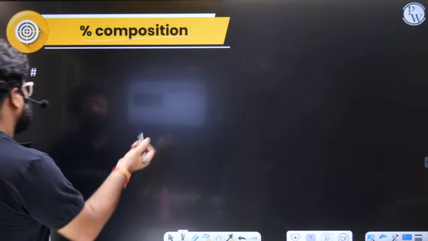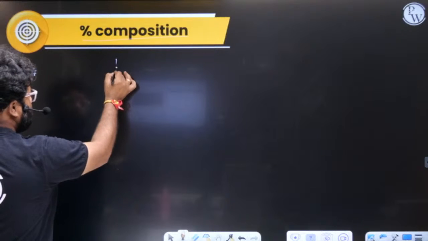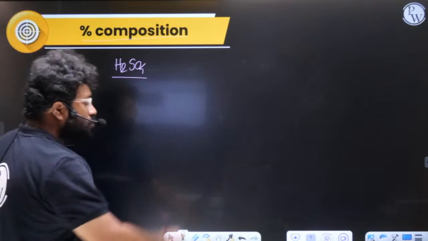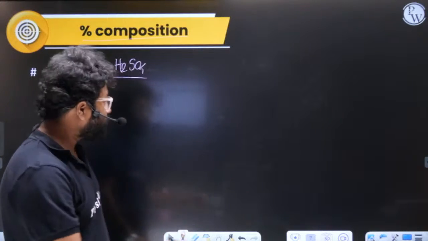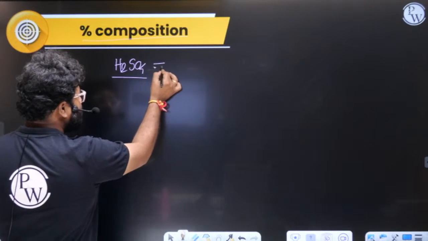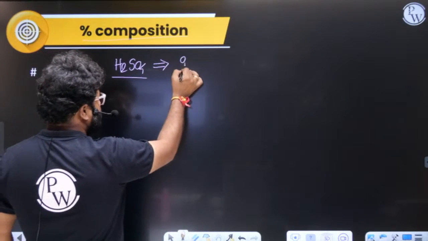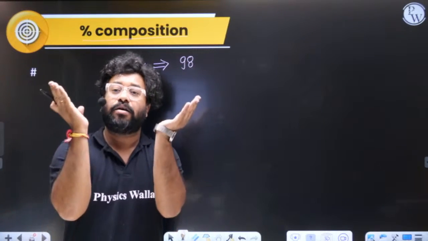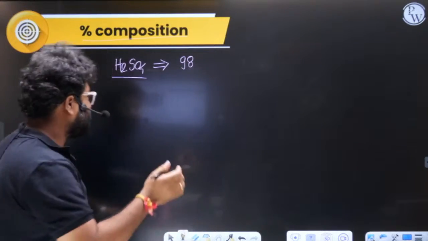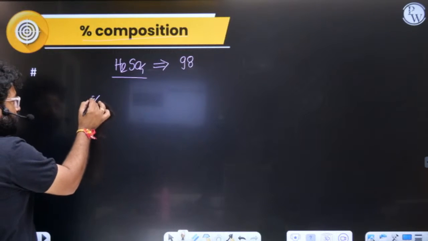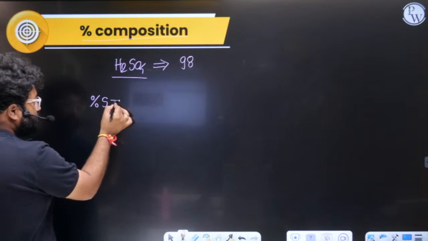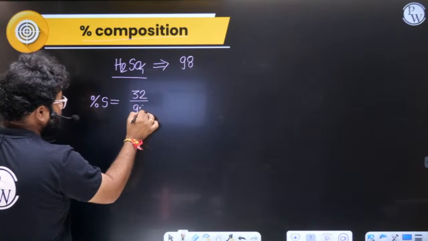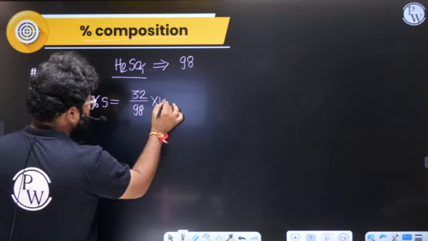Okay, chalo. So percentage composition, let's take the example of sulfuric acid. Now in sulfuric acid, what is the percentage of sulfur? If you take the molecular mass of sulfuric acid, it comes out to be 98. So the percentage of sulfur in it would be 32 by 98 into 100.